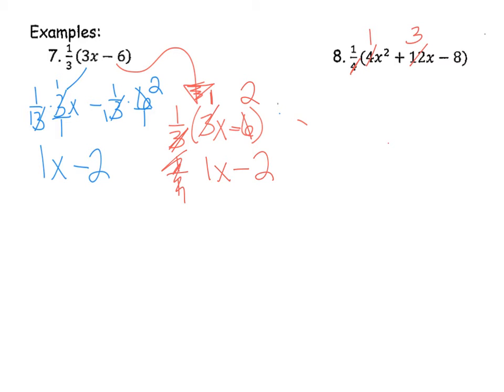So put a 3 above the 12. The 4 also goes into the 8 twice. So put a 2 above the 8. And now I have a 1 over 1 on the outside, which is like, don't worry. Just write what's left in the parentheses. 1x squared plus 3x minus 2. And you're done. Questions on that?